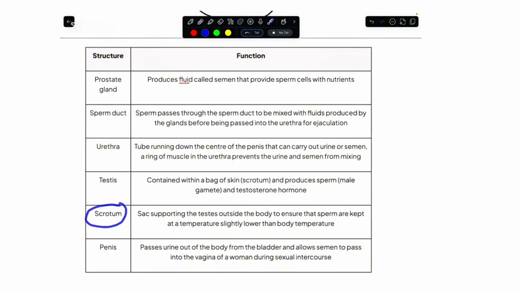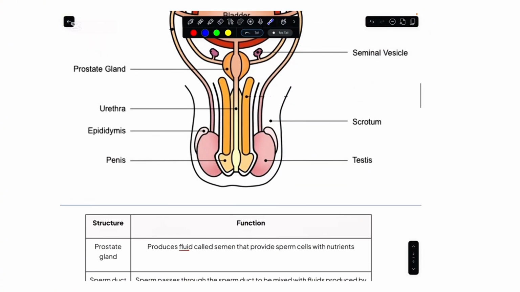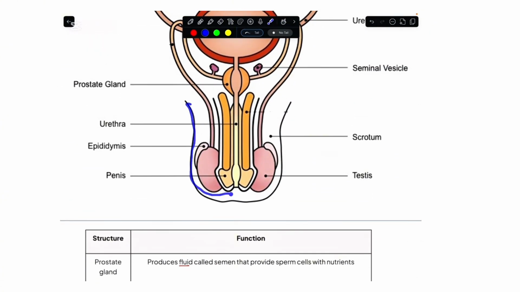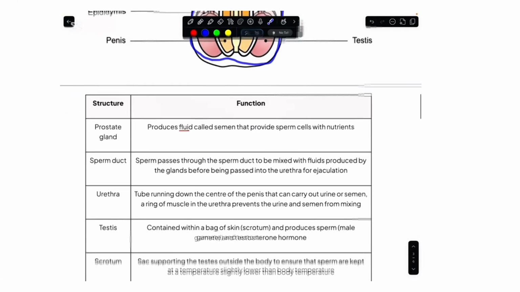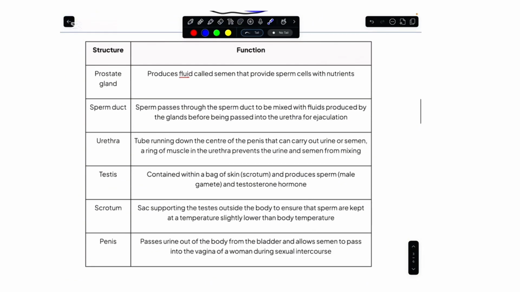The scrotum or the foreskin, as we saw at this point, hangs the testes out of the male's body. That makes the temperature slightly lower, and that is important for the proper development and maturation of the sperm cells. The penis has two roles.